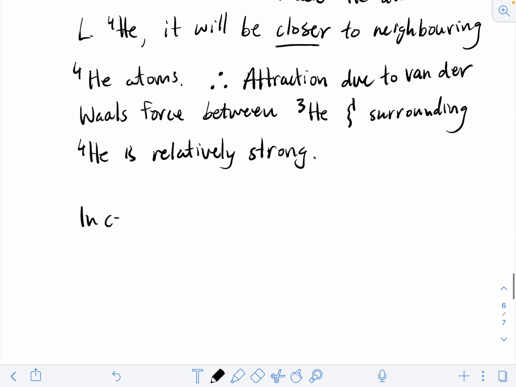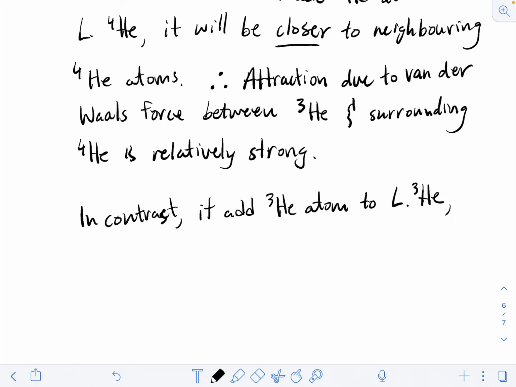Okay, so in contrast, if we add the helium-3 atom to liquid helium-3, its neighbors are farther away because it has a higher zero-point energy, and therefore each atom occupies more space.